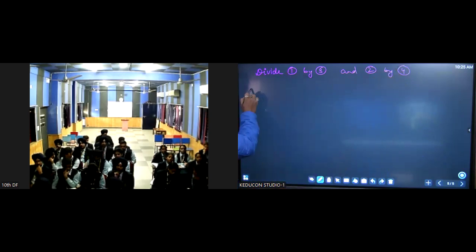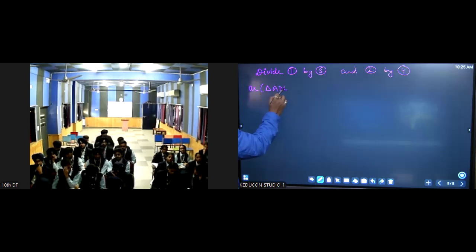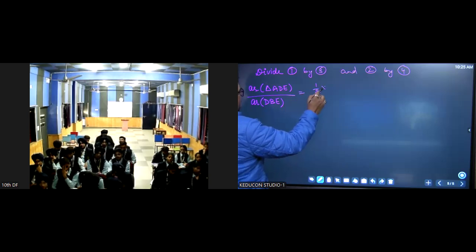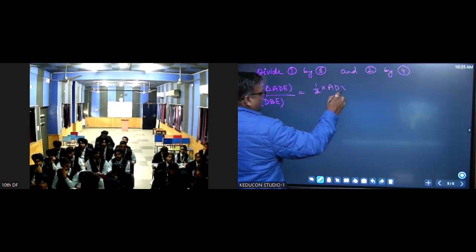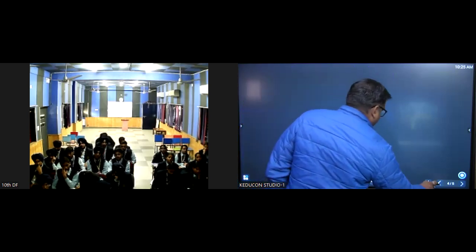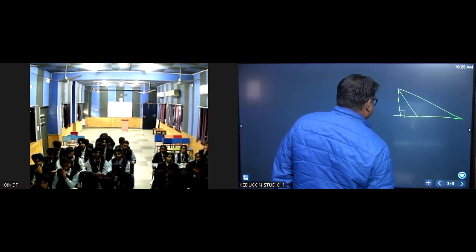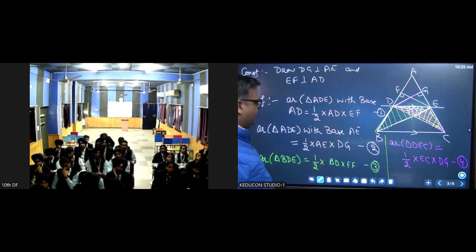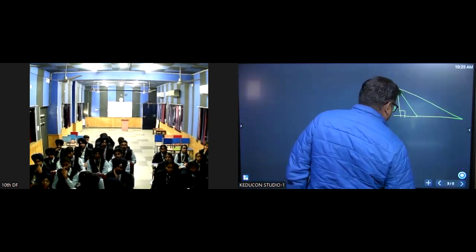So what this becomes? Area of triangle ADE divided by area of triangle BDE. What it becomes? Half into base. Base इसमें AD था बच्चों. हाइट क्या हो जाएगी इसकी? AD into EF. Right?